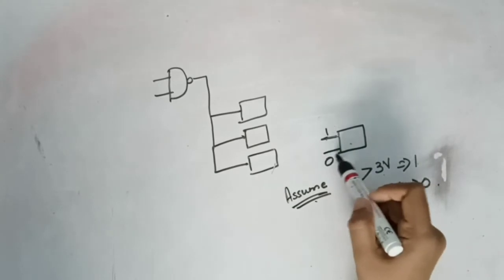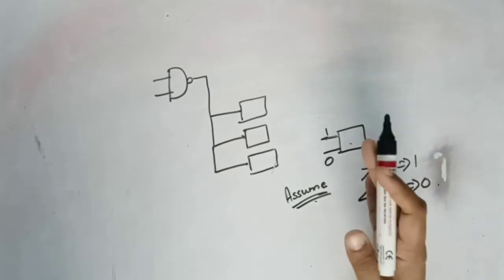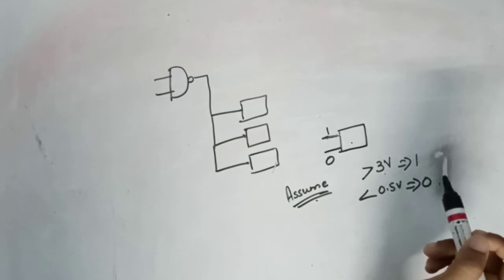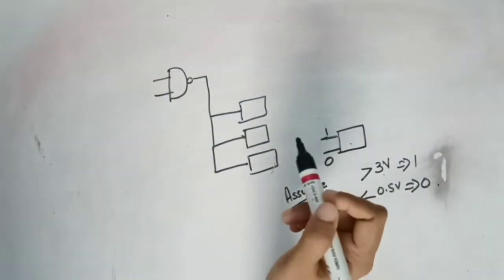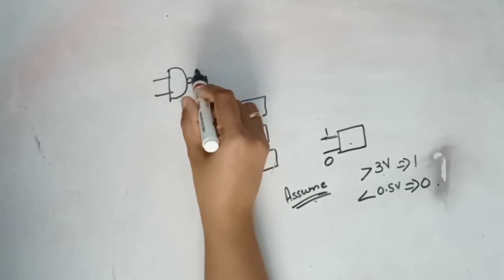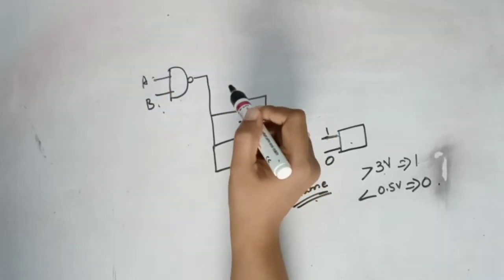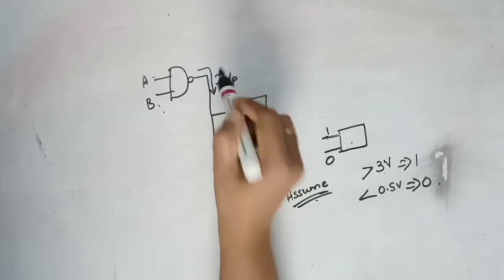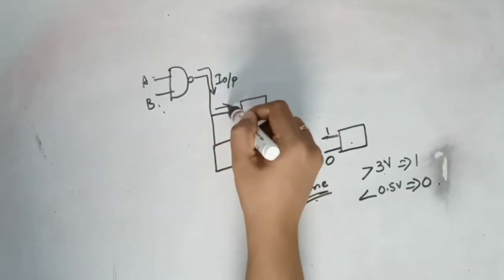And the current flowing through an input should be less than a particular value so that it is treated as a 0. Keeping that in mind, coming to this particular gate, when I apply some inputs, it has a current flowing out. This current, you know that it will split.